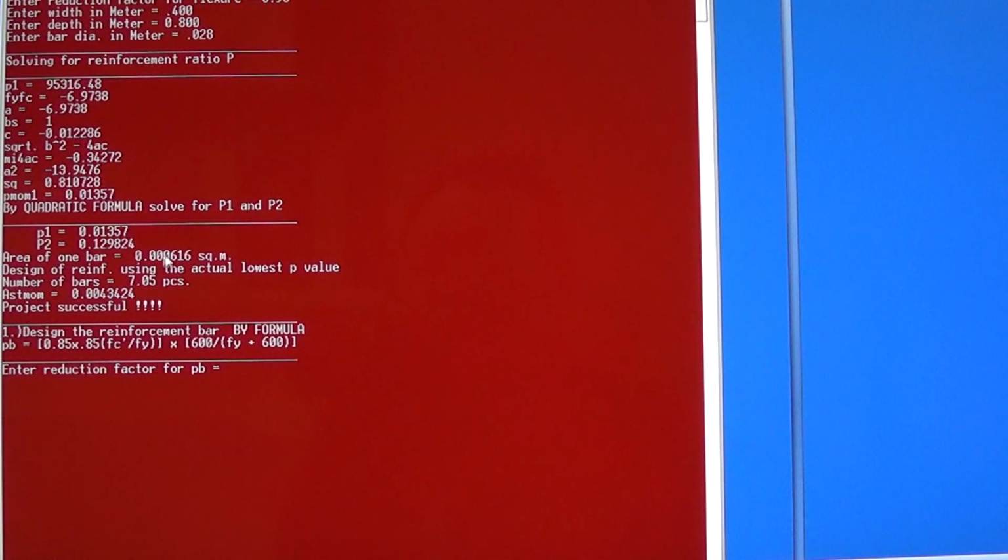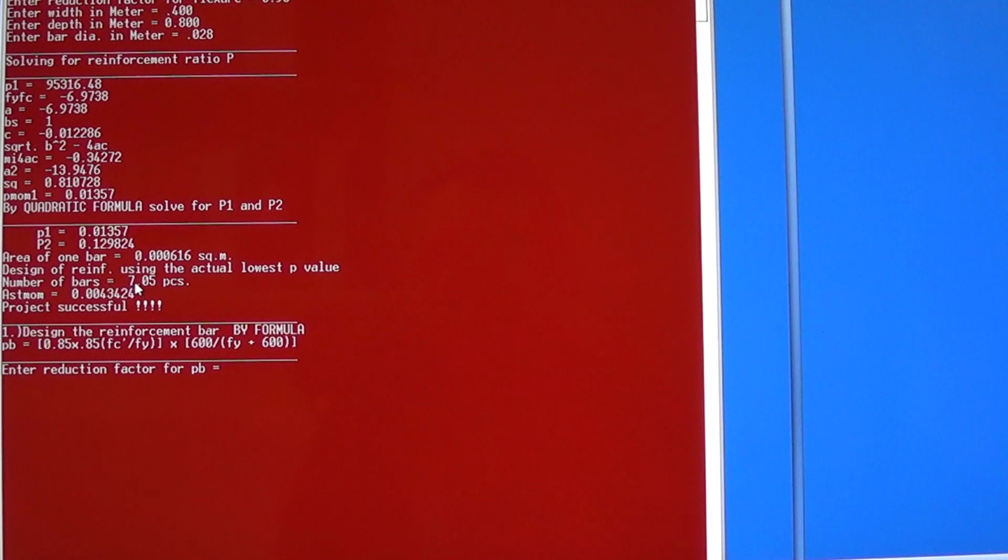The area of one bar is 0.00616 square meter, and the design of reinforcement uses the actual lowest P value, which is 0.01356 or 57. Now look for the number of bars.